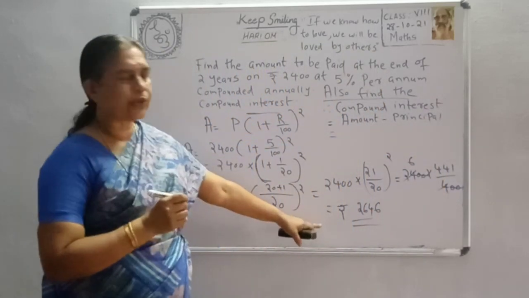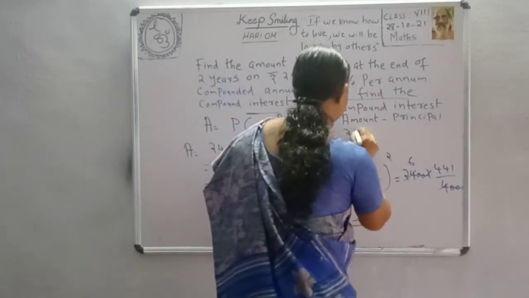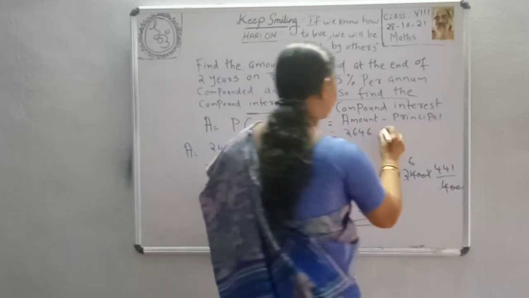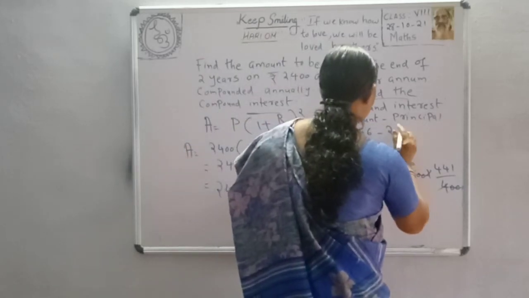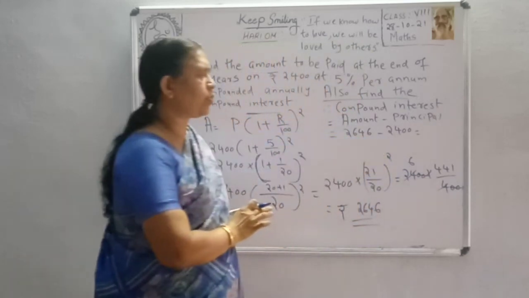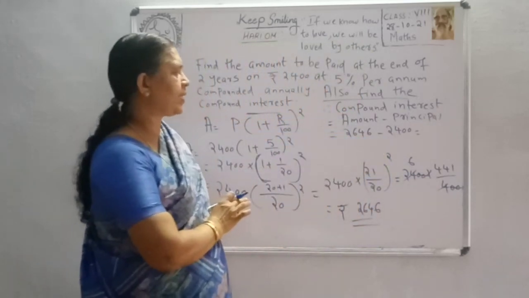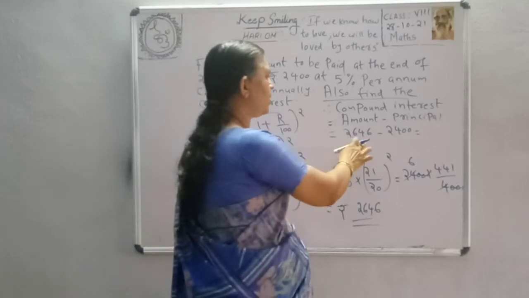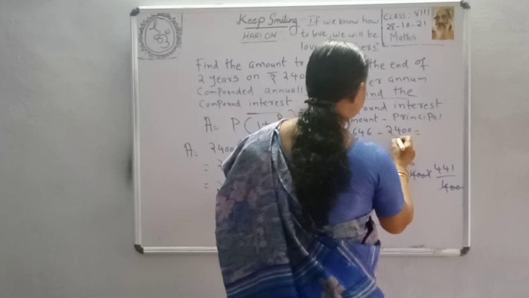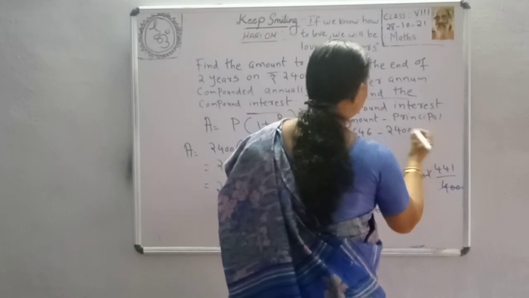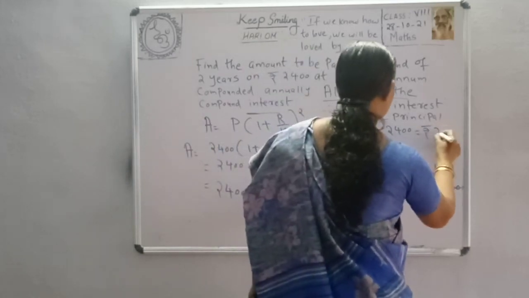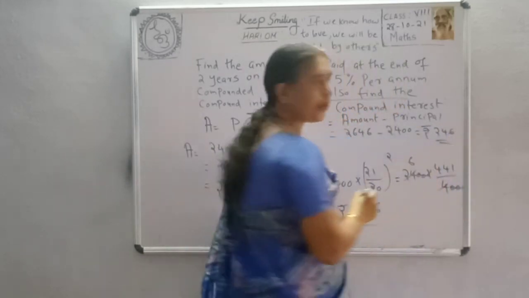Amount is equal to rupees 2,646 minus 2,400. What is the answer? 2,646 minus 2,400 is equal to rupees 246.